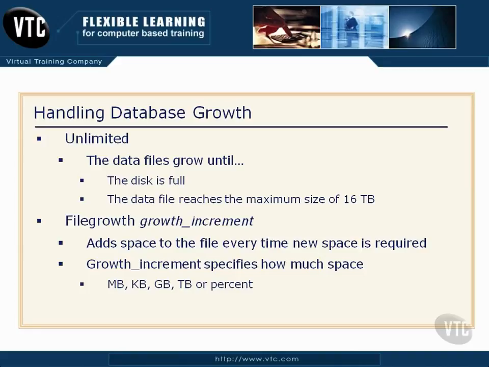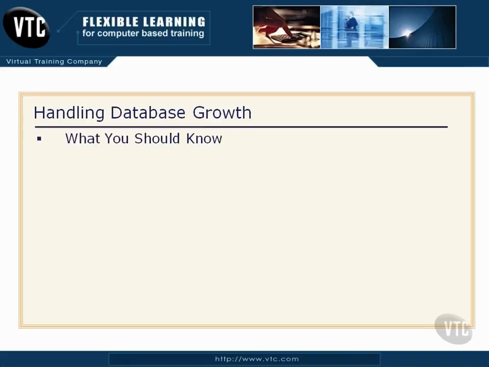So we can use a percent, and 10% of 100 megabytes is going to be 10 megabytes. 10% of a terabyte, right, is going to be 100 megabytes. And so the percentage keeps the growth actually growing. The default growth increment, if you don't mess with it, you saw it just a few minutes ago, is 1 megabyte.